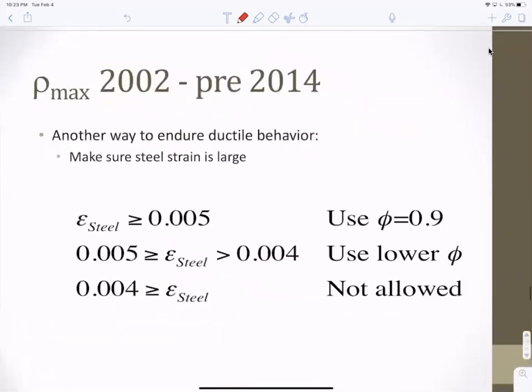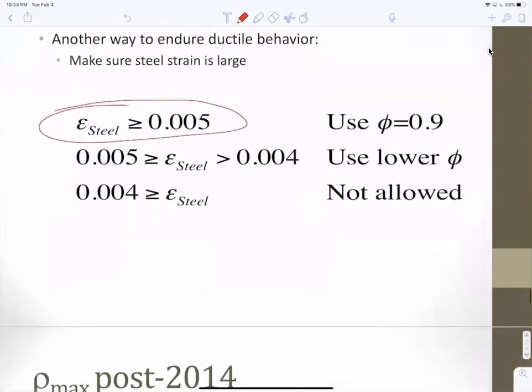From 2002 to 2014, another way to ensure ductile behavior is to make sure the steel strain is large. If you make the steel strain greater than 0.005, this guarantees that it'll be ductile. Here's 0.003, and this is epsilon steel.